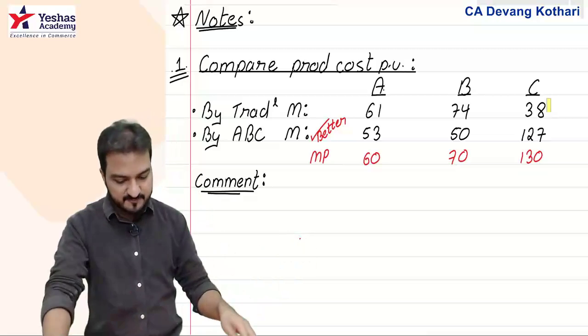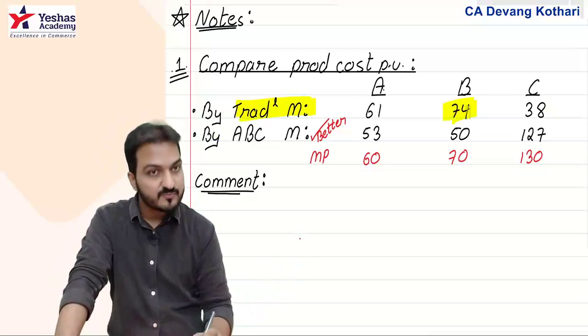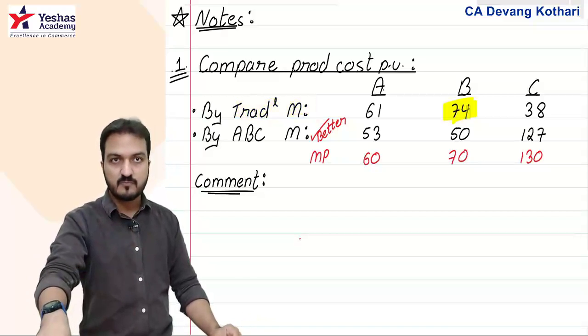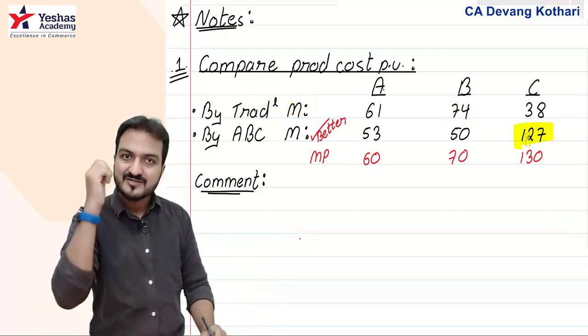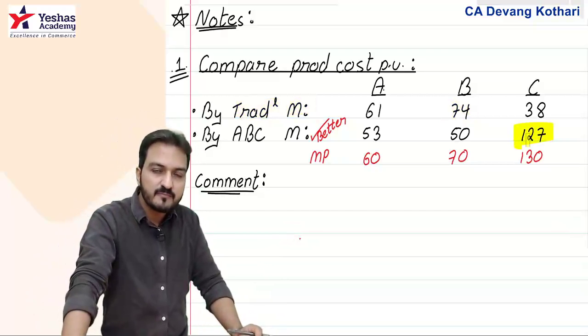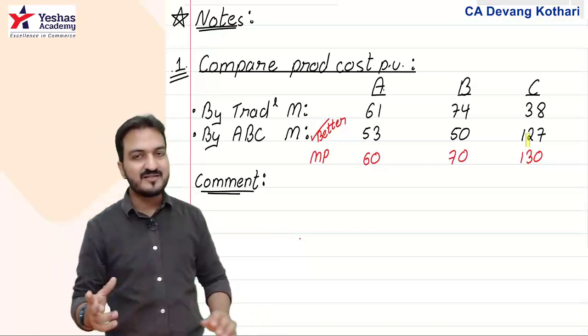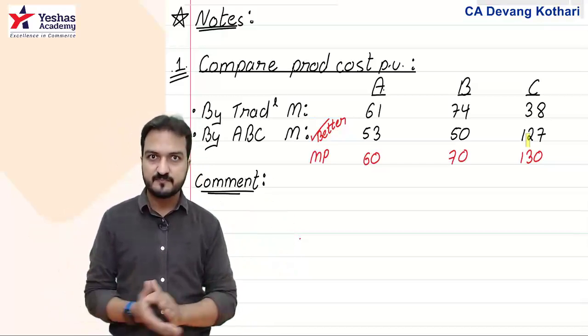Maybe because as per your traditional method, you saw that product B is most expensive, so you try to decrease cost of B. In reality, product C is most expensive, you should do cost reduction in product C. Plus, when you try to do cost reduction, you will feel that cost reduction is done by decreasing the hours.